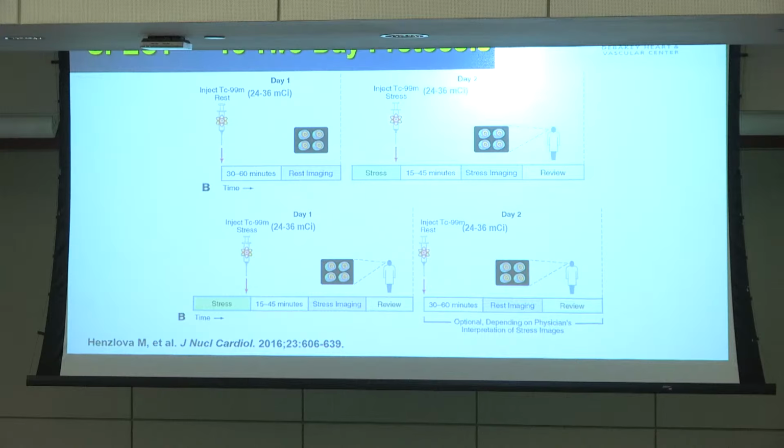So that's why most of the time we want to encourage our patients to have prone imaging and CT attenuation correction imaging, because with this we can negate the need for rest imaging in about 2/3 of the cases, and only 1/3 of the cases would potentially go on to have rest imaging.